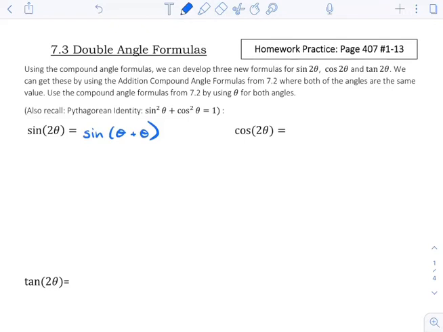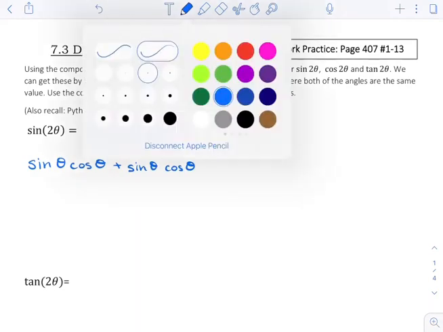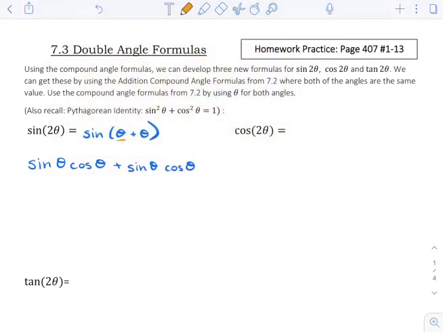In the last section, we learned that when we're adding 2 angles like this, we use the sine addition formula, which was sine theta cos theta plus sine theta cos theta. Remember, our first angles were here and here, and our second angles were here and here.